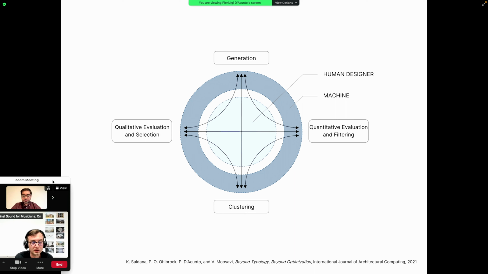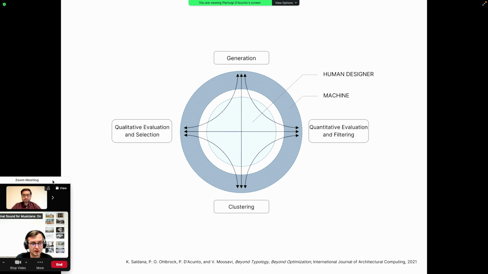And well, we then built up this framework in such a way that we readapted the categories that were introduced in the previous framework by Oxman, in order to adapt them better to the use of the machine, especially machine learning processes within the design process.